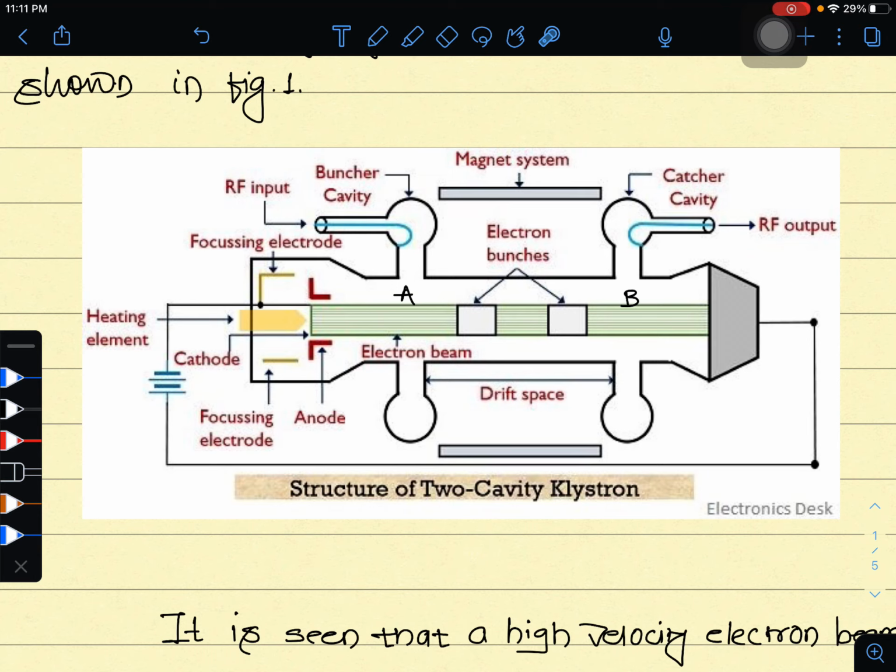In this diagram, first we see the amplifier, the two cavity klystron amplifier.